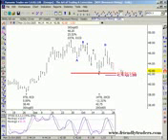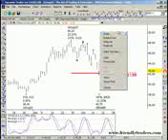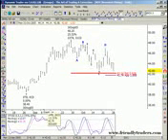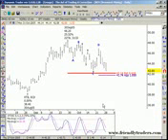Gives us a high probability price target for the completion of the A, B, C, D, E corrective decline. Okay, I'm going to go ahead and add some bars. And we have a low tagging the typical wave E price target.